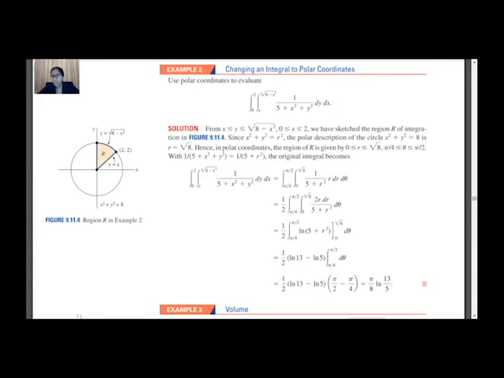The integration of 1 by u is log u. So here we'll have 1 by 2 into integral pi by 4 to pi by 2 log of 5 plus r square, limits are from 0 to root 8. When we apply root 8 square is 8, so 5 plus 8 is 13. So we have log 13 minus log 5, right?